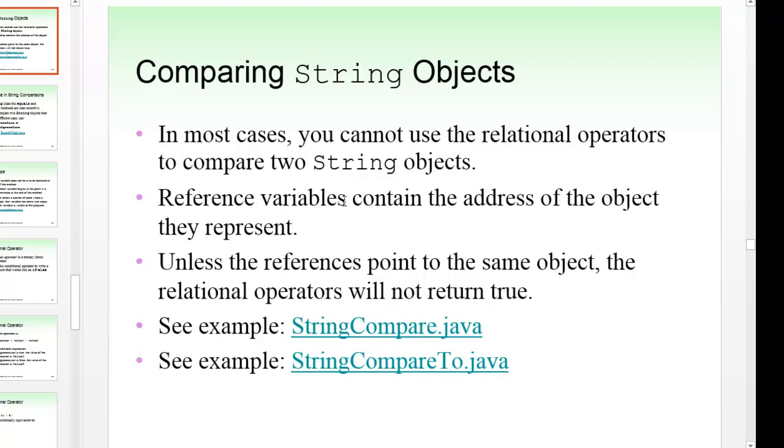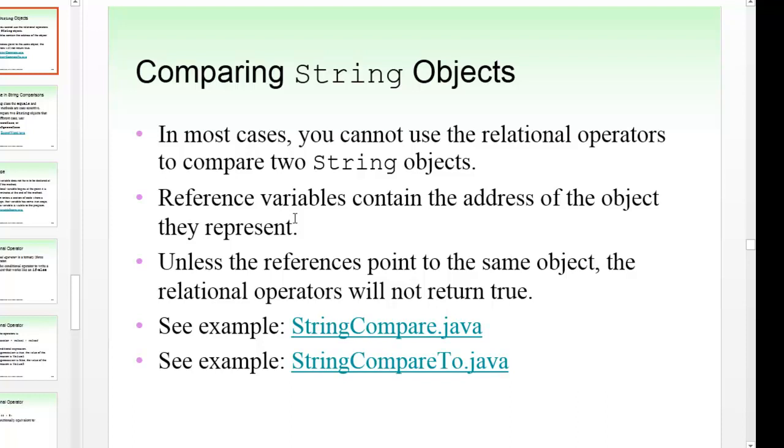Reference variables can contain the address of the object they represent. So if you use the double equal sign, which compares two values of the same type, on two strings, one string object is pointing to a particular area of memory, and the other string object is pointing to a particular area of memory.